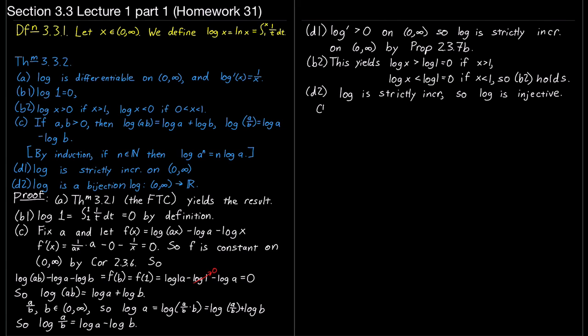And clearly, the logarithm's domain is the positive numbers and its range is the real numbers, and we need only show log is surjective from the positive numbers to the real numbers.